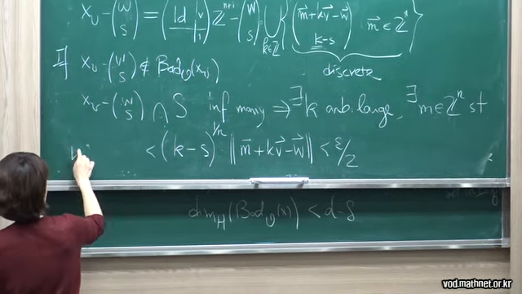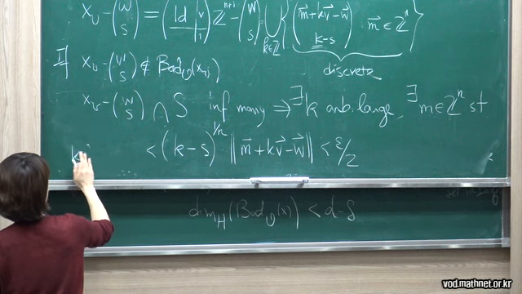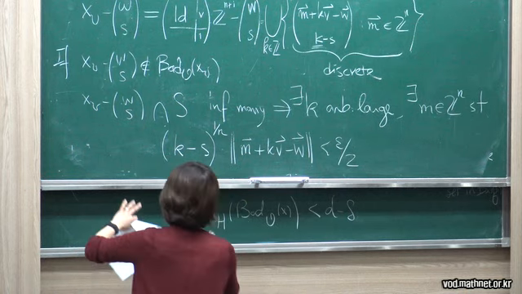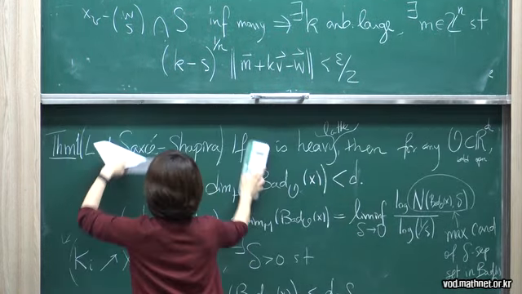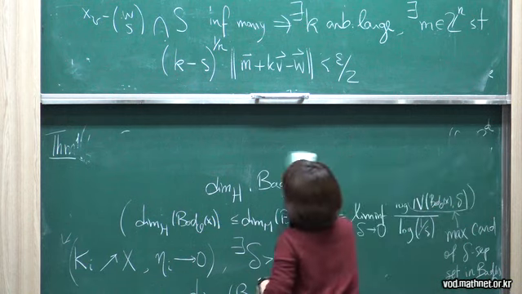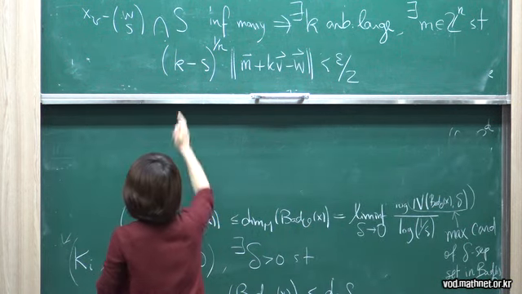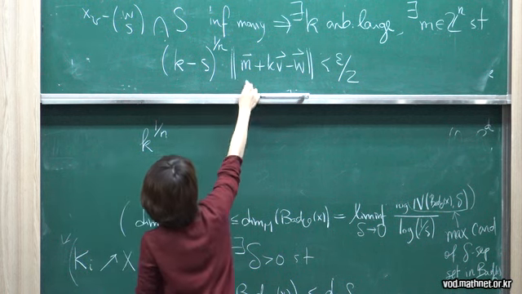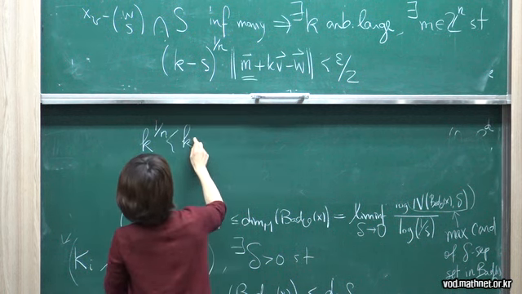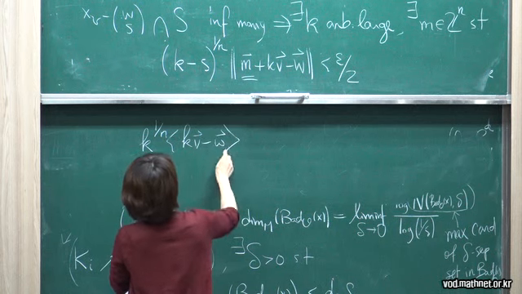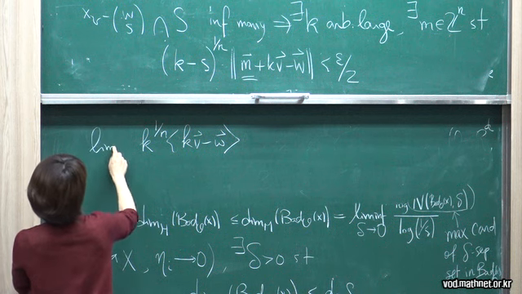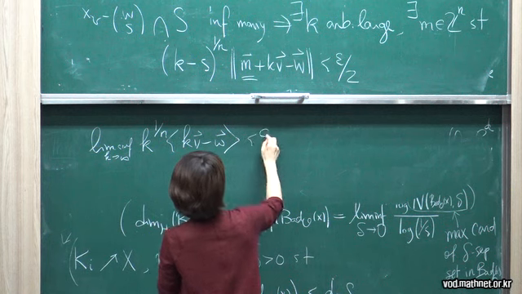So this shows that if K is large enough, you can say that K to the 1 over n, and you have such M, so the distance from KV minus W to the nearest integral vector is less than epsilon.